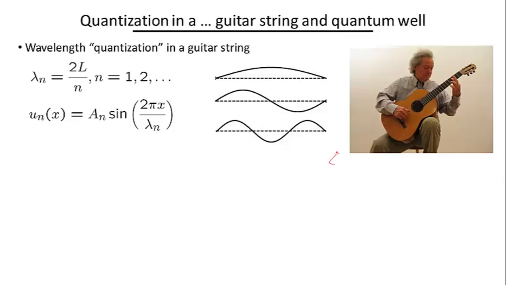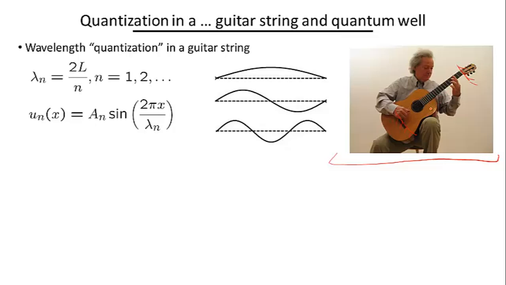And so here, for instance, we have an example of a very familiar object, a guitar, which relies on quantization in some sense of the wavelengths and frequencies available in its oscillating strings. So here we have strings which are free to oscillate between 2 points where they're pinned down, and those 2 points in some sense correspond to the hard wall boundaries in the corresponding quantum mechanical problem that we're going to study a little later.